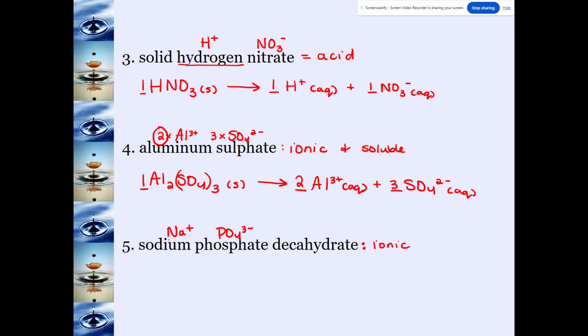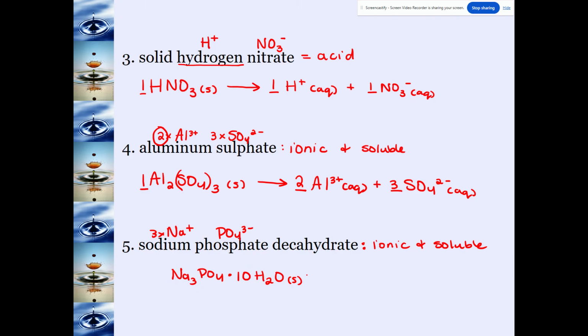And then I can kind of just ignore the hydrate to start in terms of determining the solubility. Sodium, again, a group 1 ion, so this will be soluble. So if I write the formula, I have 3 sodiums with my phosphate to make the ion charges balance. Then I put a dot, 10 for deca, hydrate means water.